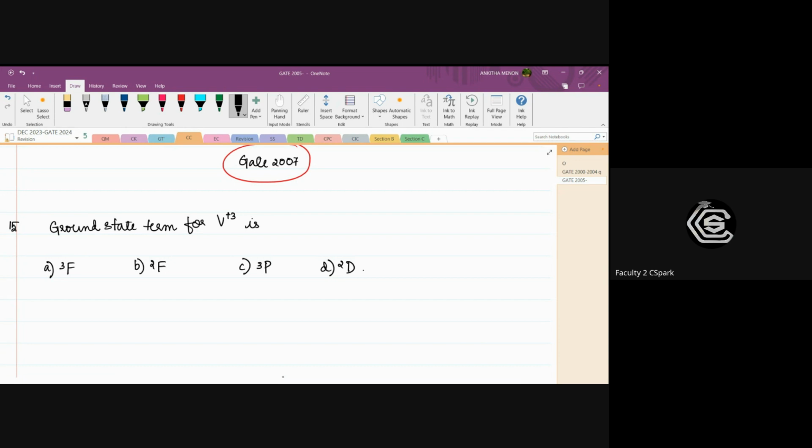Scandium, titanium, vanadium, it's going to be d2.